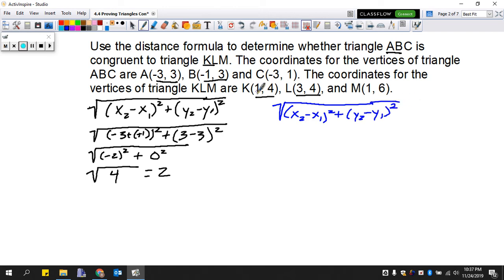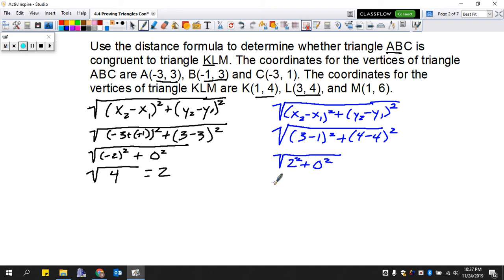I'm going to do 3 minus 1, so the square root of (3 minus 1) squared plus (4 minus 4) squared. 3 minus 1 is 2 squared, plus 4 minus 4 is 0 squared. 2 squared is 4, which gives 2.